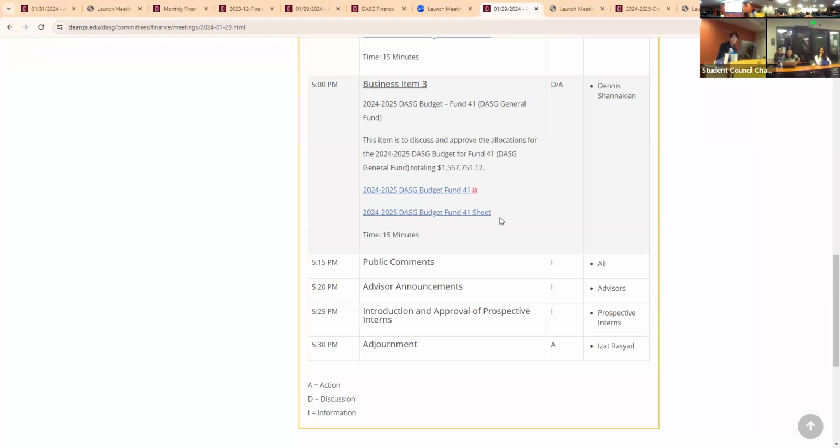Right, yeah. So for the weeks we've had budget deliberations, I'm trying to keep the finance meetings not too long, because we've already done quite a bit of budget deliberations, and we're going to do a little bit more. But as we're heading towards the end of budget deliberations, at least in finance, we're done. Then the senators just have to deal with whatever we have to deal with in Senate.